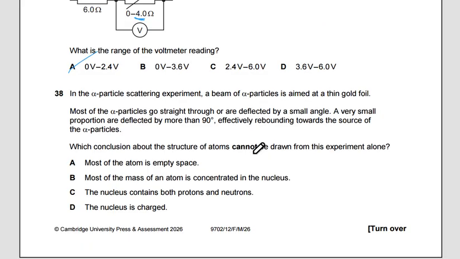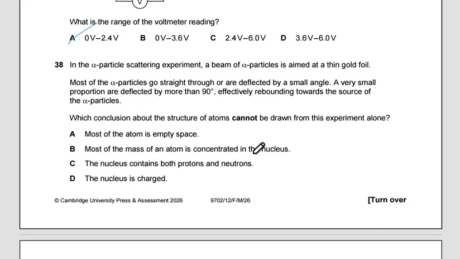Which cannot be drawn from the experiment. Most of the atom is empty. No. Most of the mass of the atom is concentrated in the nucleus. No, this can be drawn. The nucleus contains protons and neutrons.